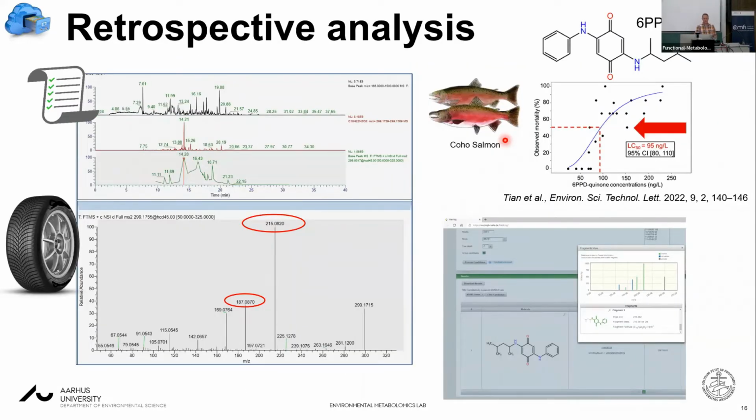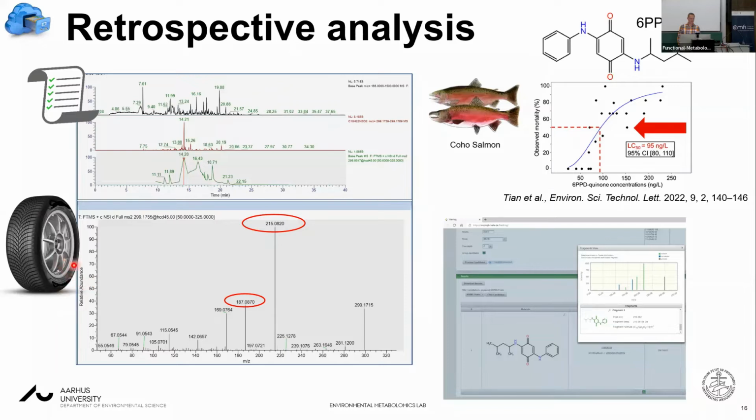So from the same data set, when we presented this, the authorities were very interested in it, of course, but they also found some reports that were published recently about some chemicals that are being used in tire production for cars.